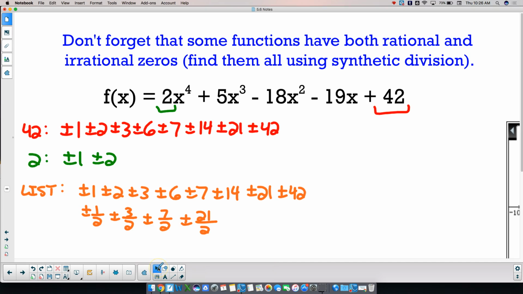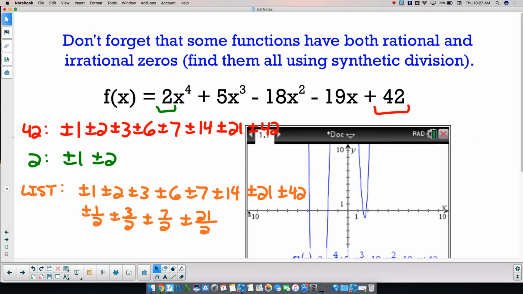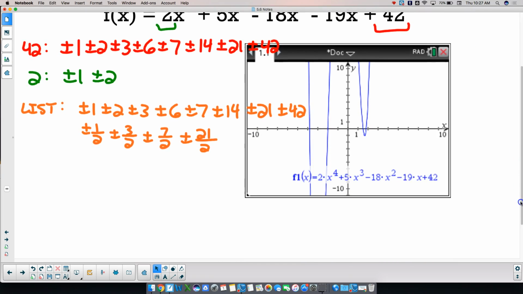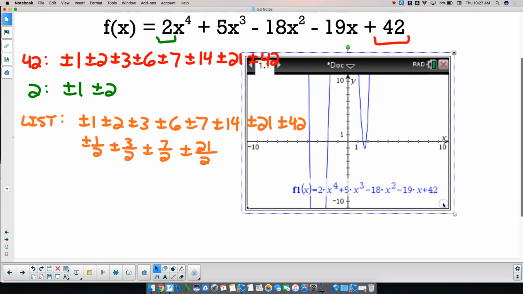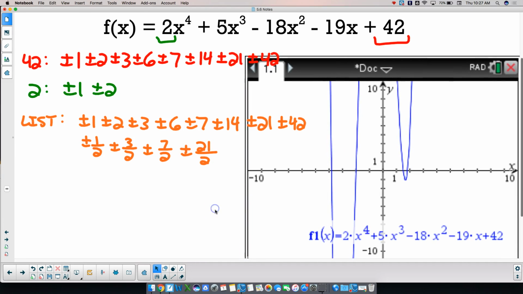Now I pre-planned and I graphed this function already. So looking at the graph, I would say it crosses 4 times, right? So I'm going to have 4 zeros, which makes sense because the degree was 4.